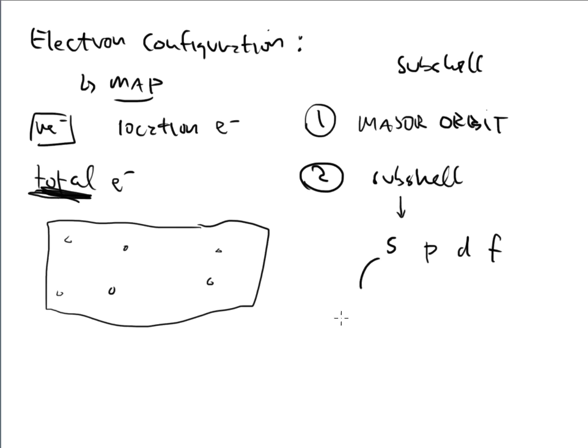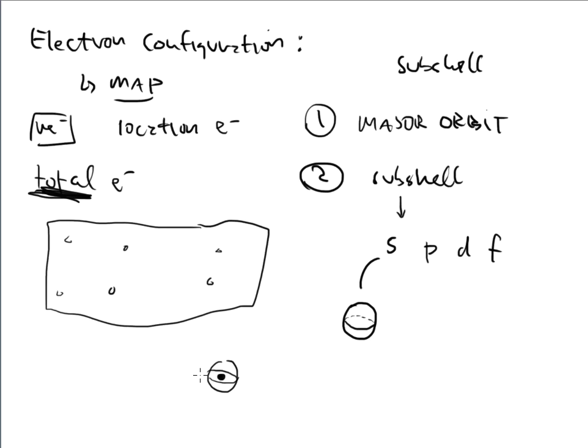For the S, I want you to think S stands for spherical. So that means that here we have a nucleus of an atom, and around that nucleus there is a spherical path that these electrons can take. If they are in that path, they are designated as the S subshell.